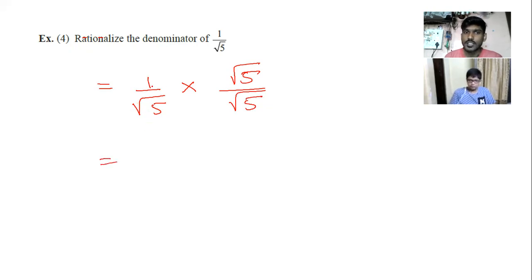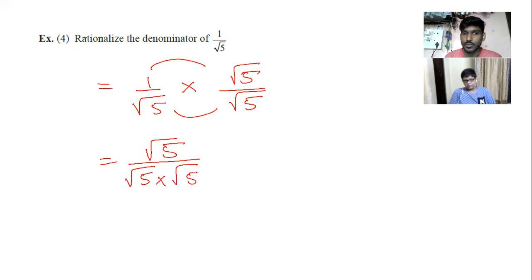Now, these are two fractions, and you know how to multiply two fractions: numerator with numerator, denominator with denominator. So 1 into root 5 will be root 5. And in the denominator, you have root 5 into root 5. The numerator stays as it is. In the denominator, what will happen? Can you tell me?